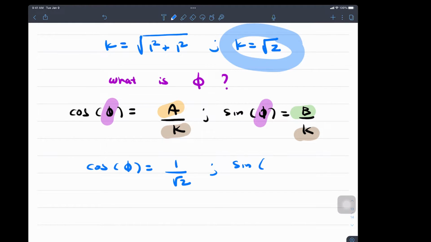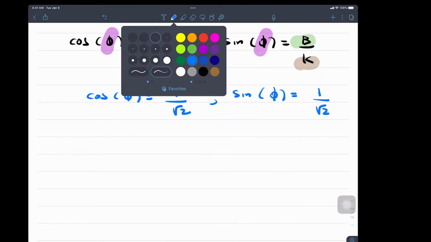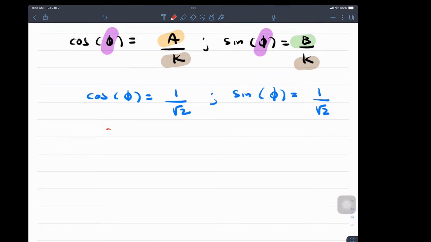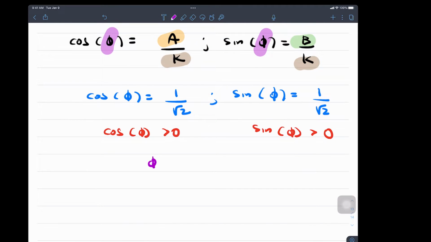And then sine phi is what? B is also 1, over square root of 2. Let me also make a big remark. Let's notice something here. Cosine of phi is positive. Sine of phi is what? Positive. What does that mean about phi? Phi is in quadrant 1. Is that right?